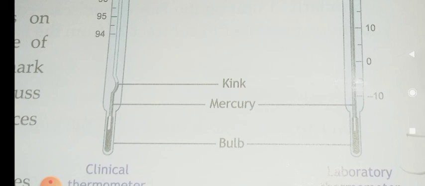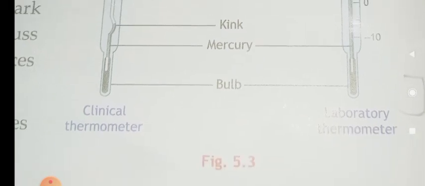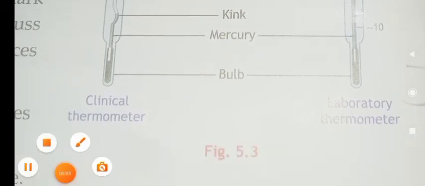Even though the bore is very thin and the mercury level also very thin, you can clearly see the mercury because of this opaque nature. And finally it remains in liquid state over a long temperature range. Is it clear, children? That is why mercury is used in thermometers.